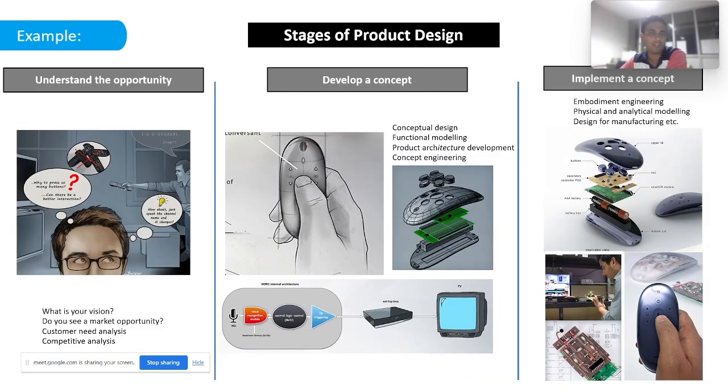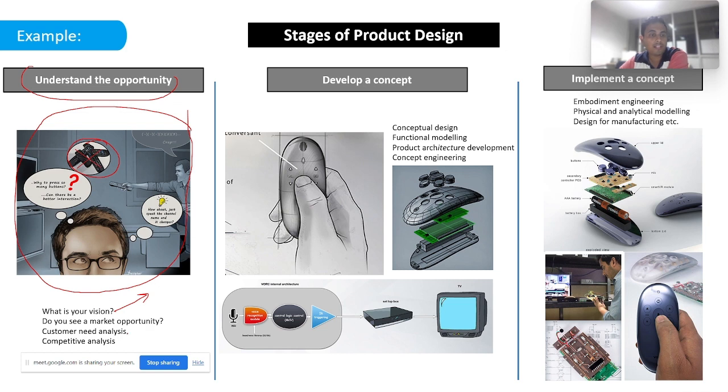So this is an example. This is one of my previous projects, where there was a need for a new remote control which can replace the button based remote controls. So first, in the understanding the opportunity phase, you have to choose a vision, like what you need to accomplish, and what issues you've identified.